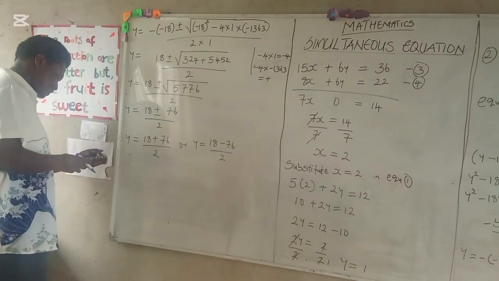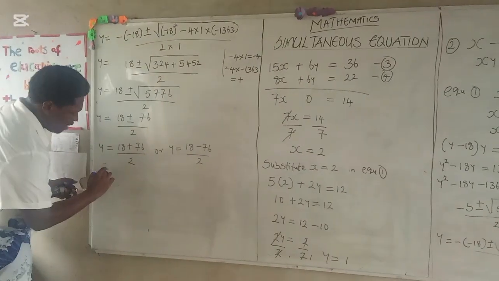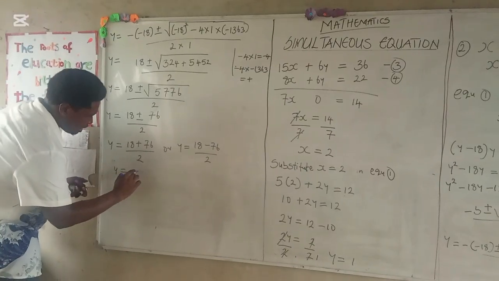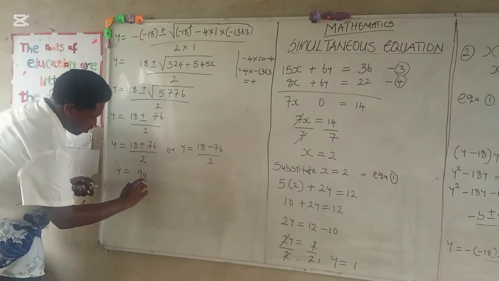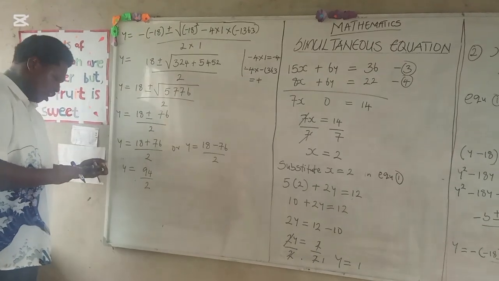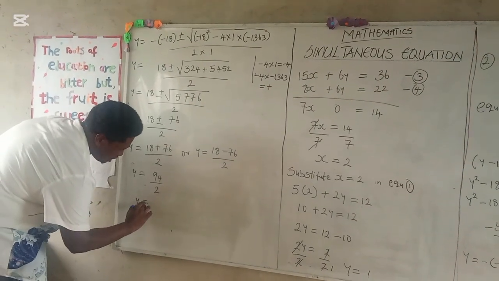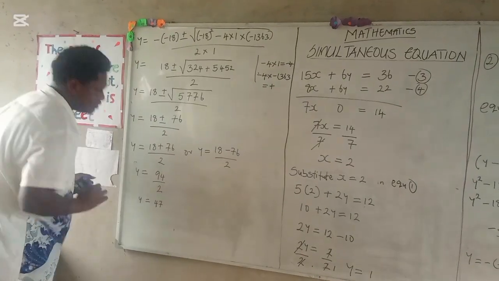So we have that 18 plus 76 is equal to 94 over 2. And 94 divided by 2, we ascertain that our y is equal to 47.